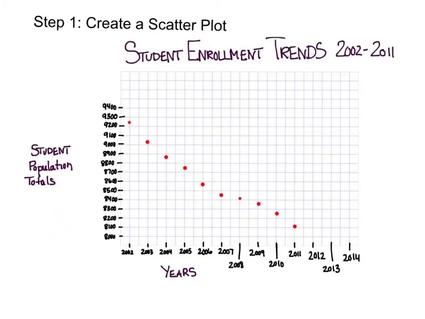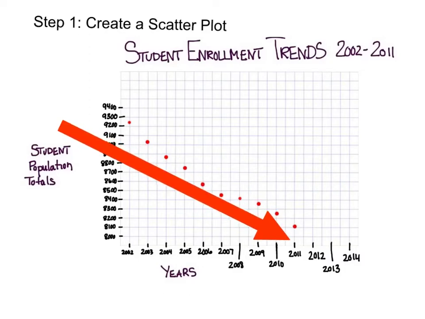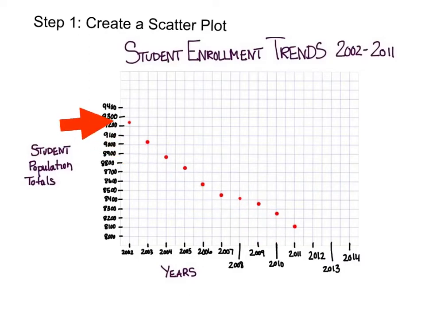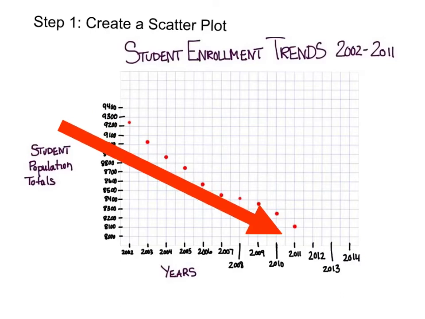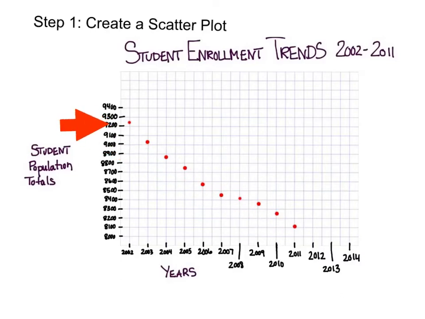Now that I have graphed all of my data values, it's pretty evident that there is a steady decrease in the number of students attending Plymouth schools from 2002 all the way to 2011. The enrollment totals have decreased.